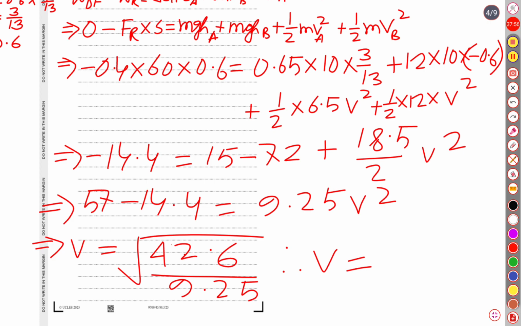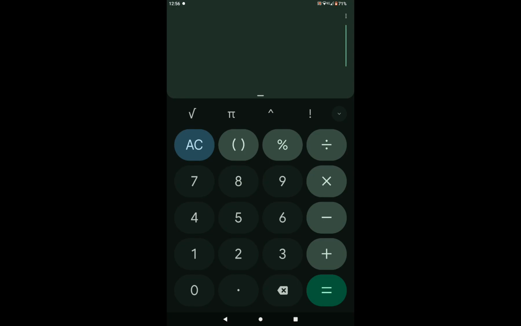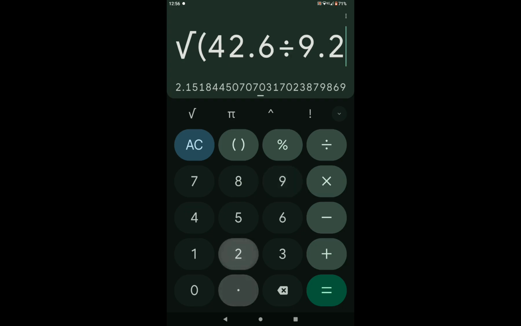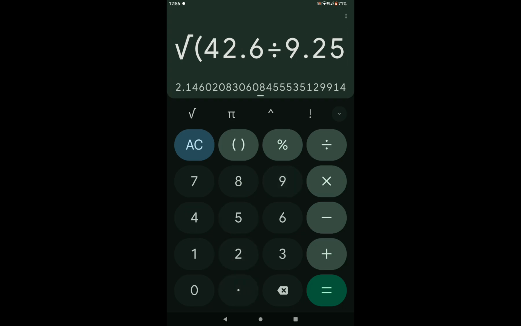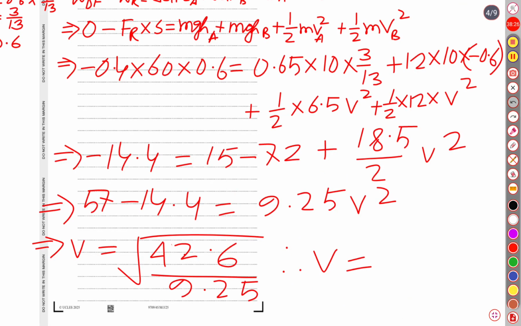So we will take the square root of 42.6 over 9.25, which is 2.146. If we round it up to three significant figures, it is going to be 2.15 meter per second.